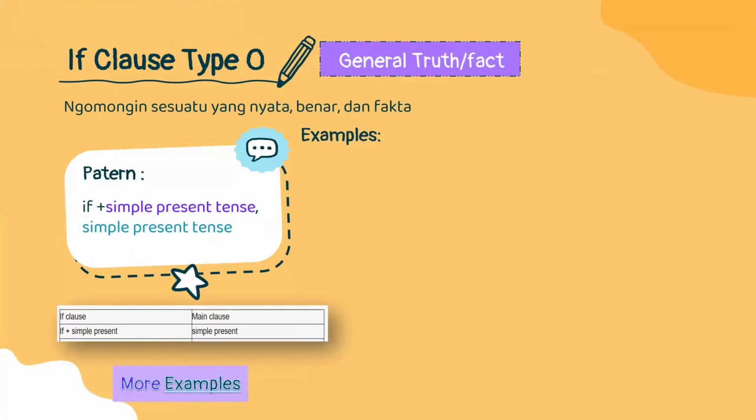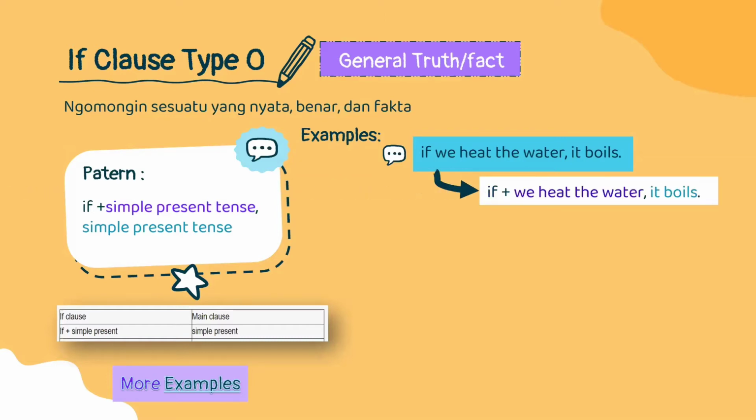Clause is if plus simple present, main clause-nya simple present. For example, first, if we heat the water, it boils. If plus we heat the water is simple present tense. It boils is simple present tense.